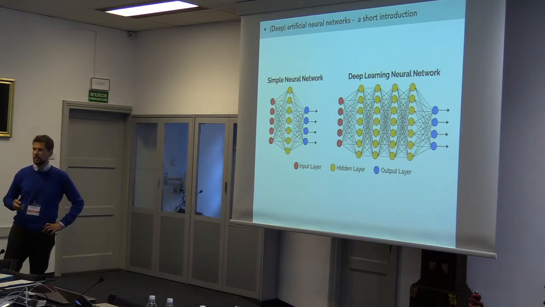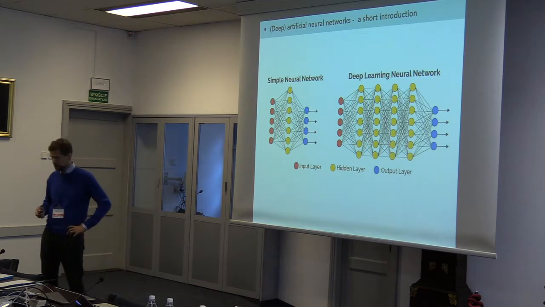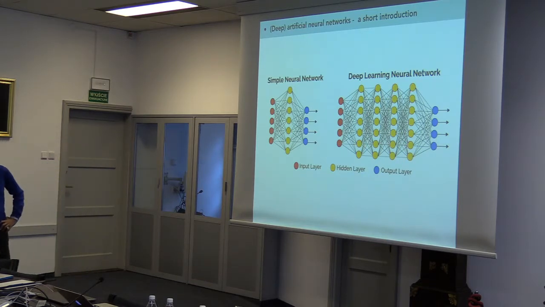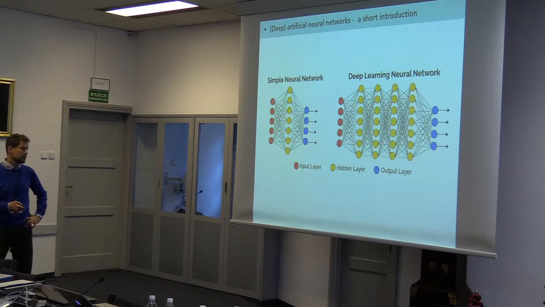And these questions can be quite diverse. As you will know, you can tackle both classification and regression questions in a supervised setting like this, or in an unsupervised setting, for example, with autoregressive networks.